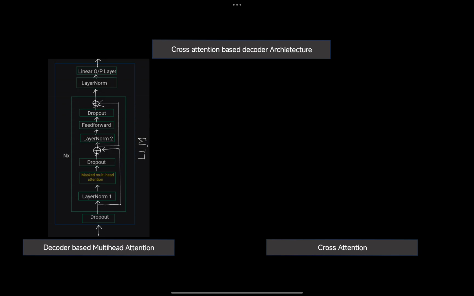I have gone through a lot of videos in this channel. So generally we have the decoder based LLM, which we have also recently implemented from scratch. So there the general architecture looks like this, where we have a starting dropout layer, then the layer norm, then we have the masked multi-head attention, and then the corresponding layers of like layer norm, feed forward, dropout, then the layer norm, and again the final linear output layer, right?